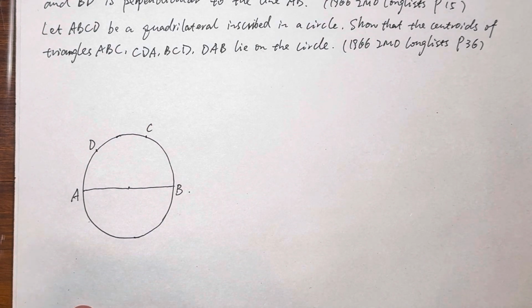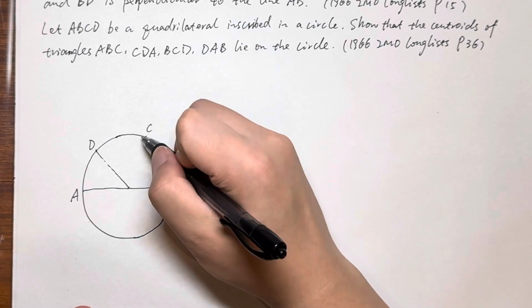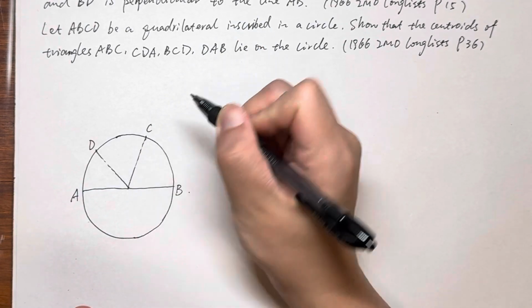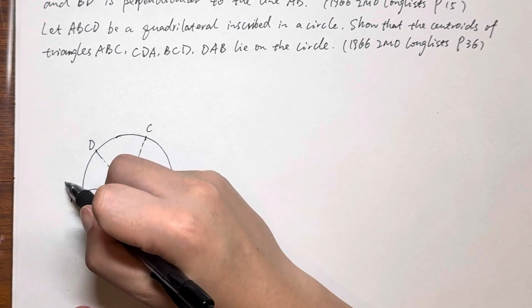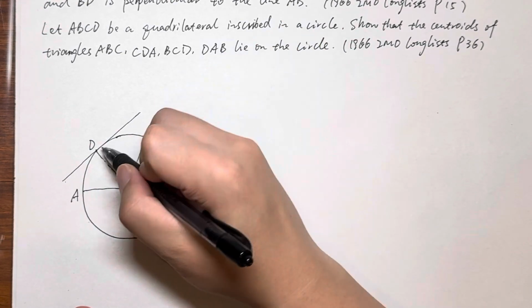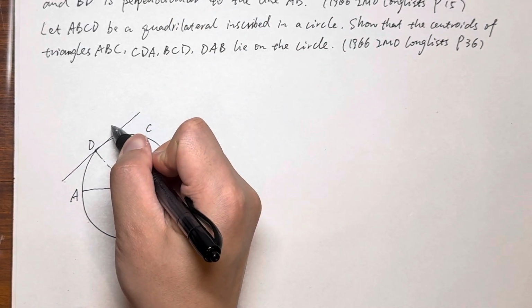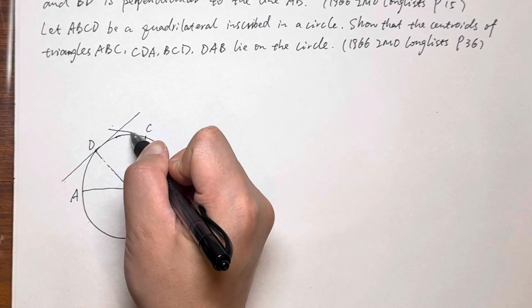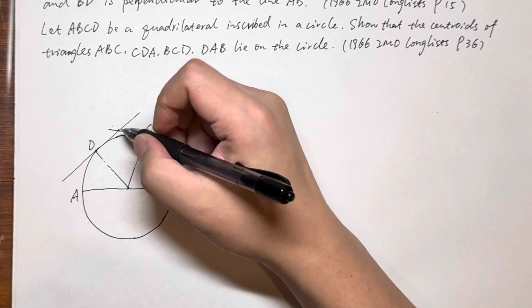Then we want to find the tangent lines at point D and point C. Roughly see this line.